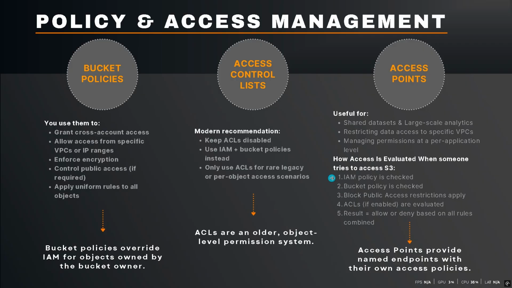The IAM policy is checked and the bucket policy is checked. Block public access restrictions apply. ACLs, if enabled, are evaluated. The result is allow or deny based on all the rules combined. Access points provide named endpoints with their own access policies. Now let's see a quick demo before ending.